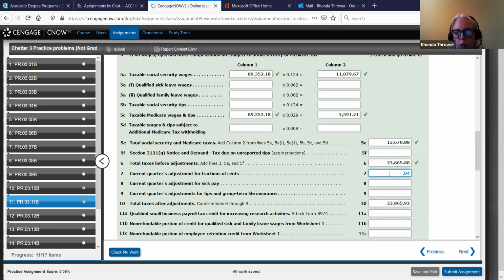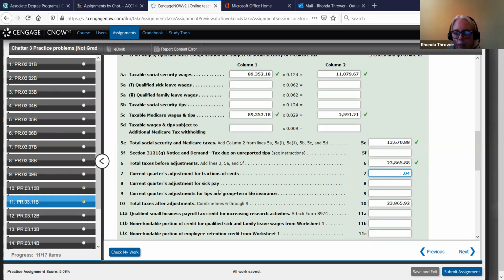In other words, there's 4 cents between these two figures, and that's an adjustment that we have to make for fractions of cents. It's because of the rounding errors that we've got. So we fill out line 7 by taking the difference between line 10 and line 6. That gives us 4 cents as our fraction of cents.